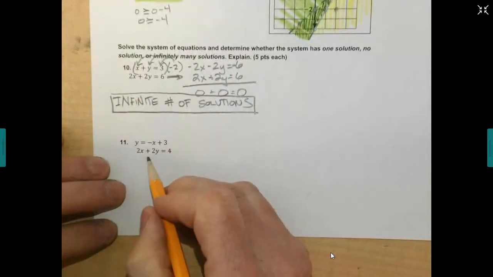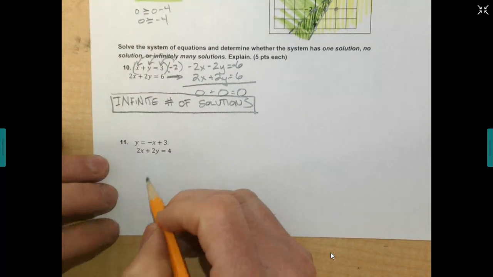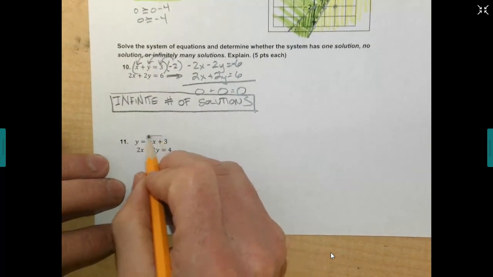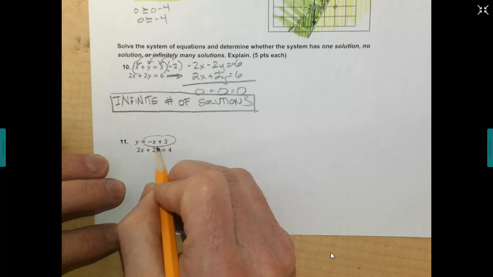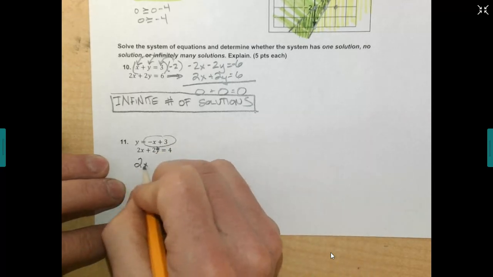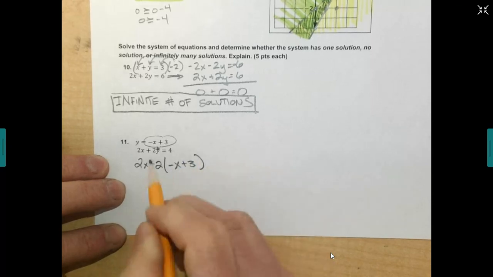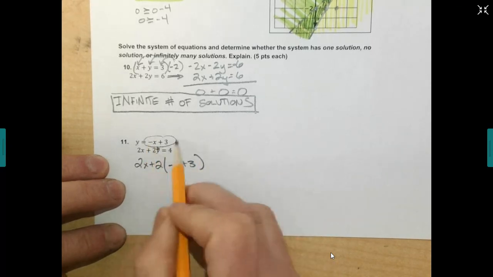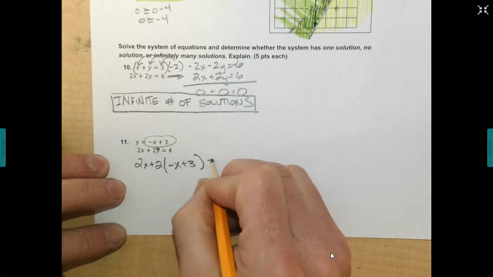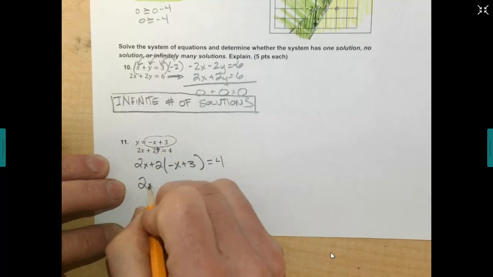Okay, now let's see for this one. I'm going to plug this right into here. So I get 2x plus 2 times -x plus 3. See, that's 2 times y, so it's 2 times this value. Equals 4.